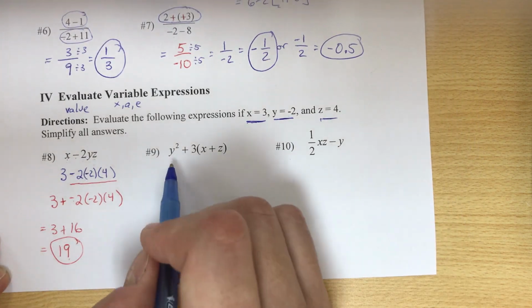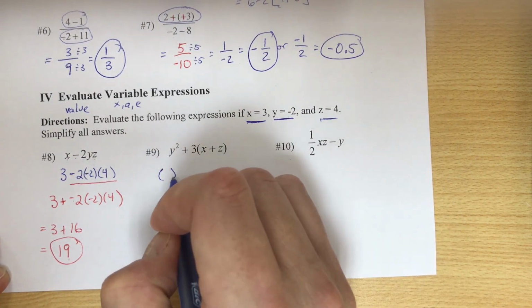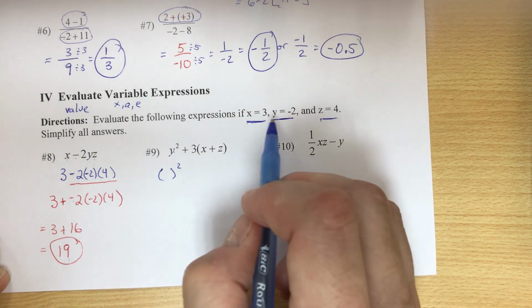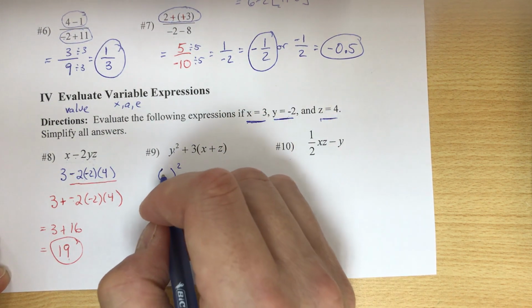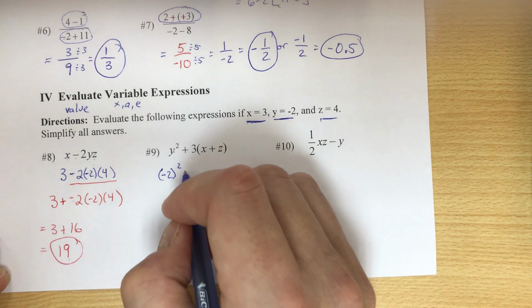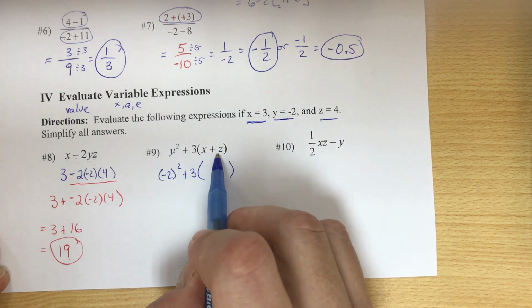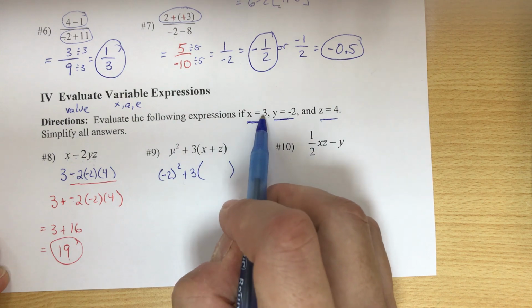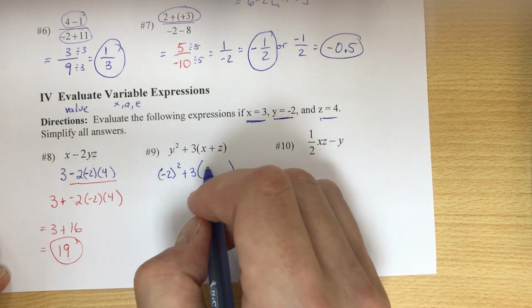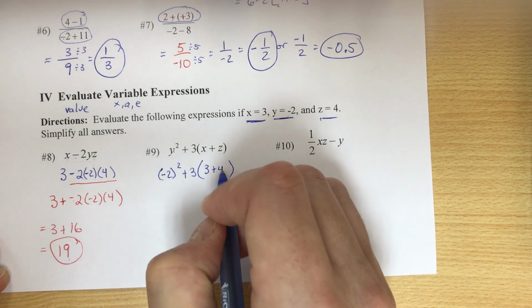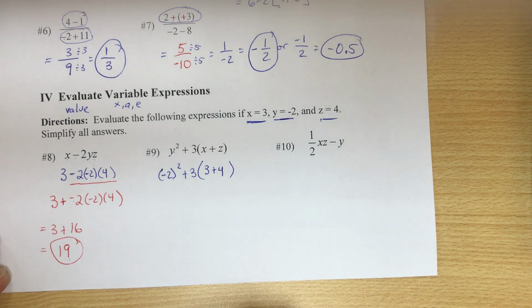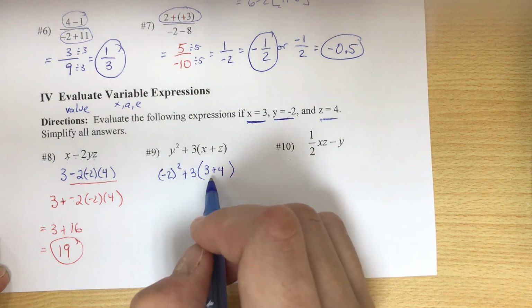In number 9, so we have y squared. Now the y value, I will substitute -2, plus 3 times x plus z. X is +3 and z is 4, so I'll just write 3 plus 4. Okay, so we have parentheses here.